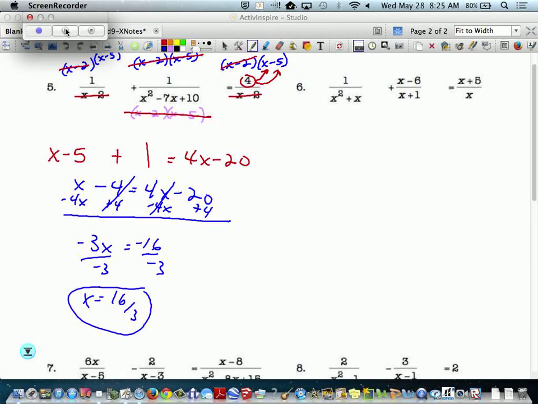I think what I'd like to do with the rest of the problems is give you guys time to go to 6, 7, and 8, and right above each term, put what you're going to multiply by. So I want to give you a chance to factor the quadratics. What do I have to multiply by to wipe out all the denominators? Just give you a minute or two to do that, and then make sure we're all on the same page.